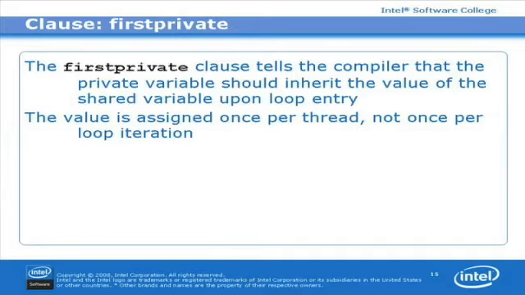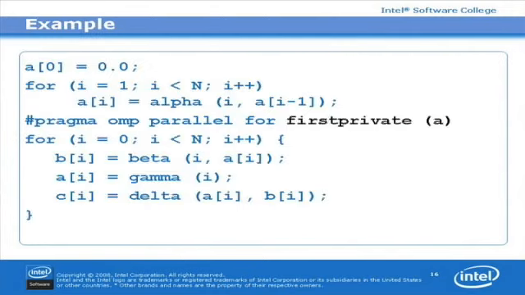A variation of the private clause is the firstprivate clause. In this case, each thread will get its own copy of the listed variables, but those variables will be initialized with the value of the shared copy at the time that the parallel region executes. Now this value is going to be assigned once per thread and not once per iteration. The first for loop here will assign values into the A array.